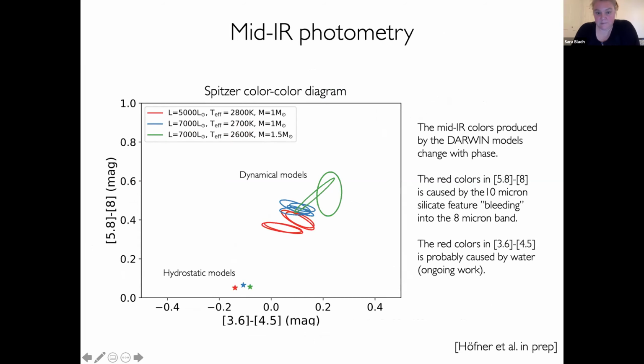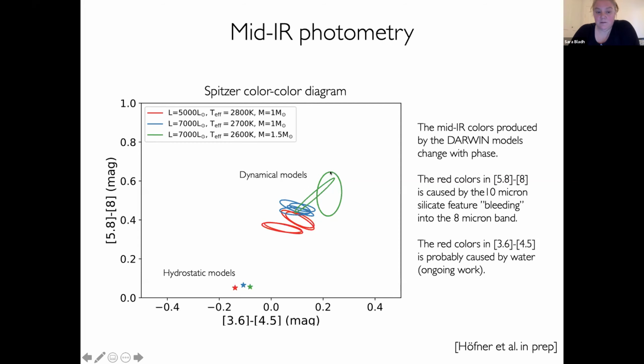What's important to see first is that the dynamical and hydrostatic models differ, because we take more of the molecules into account, and the photometry changes with phase. They look very nice and elliptical, but take this with a grain of salt. They could not be fitted super well with a sinusoidal variation, but I wanted to plot it like this to give you an idea of how much it changes.